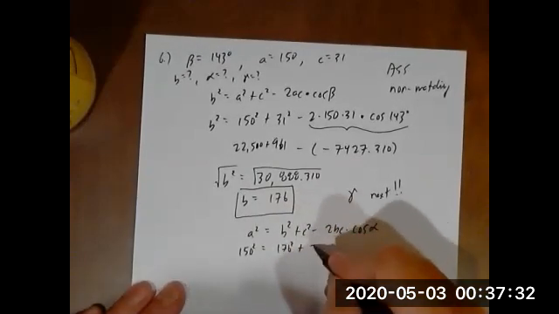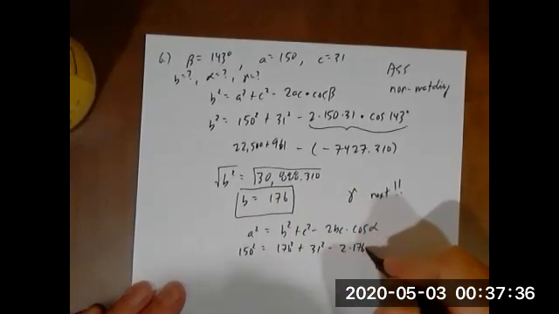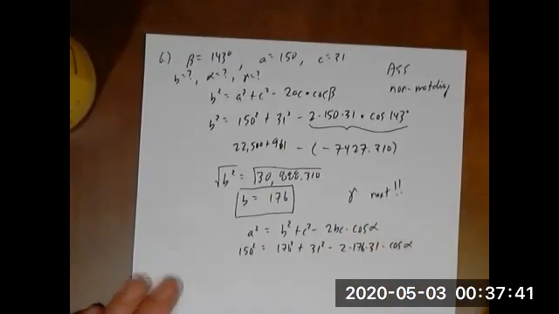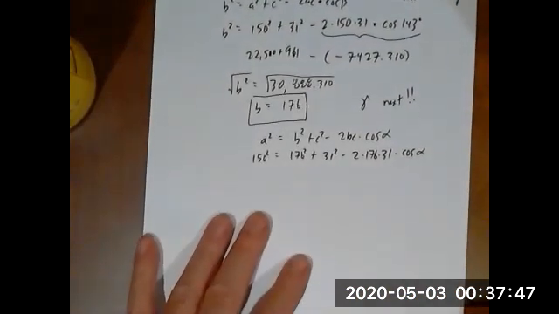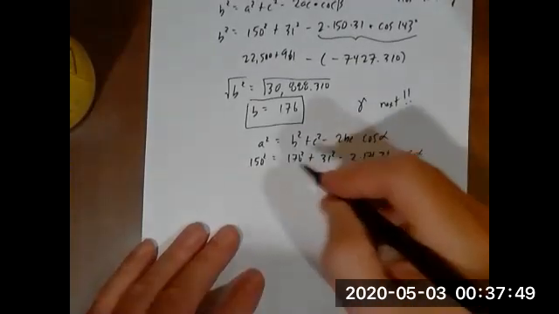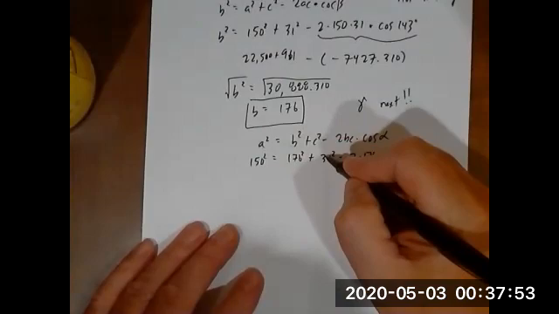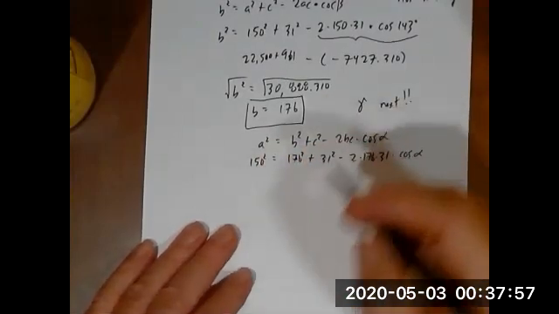C is 31 squared, minus 2 times B, which is 176, times C, times cosine of alpha. Now here's the trick. Once again, students make a mistake because I don't do the math correctly. I have to go ahead and square this and subtract both of these. Move both of these over here.